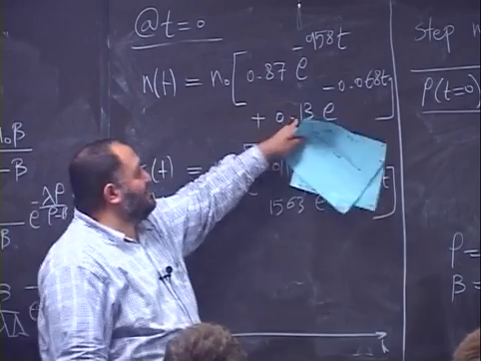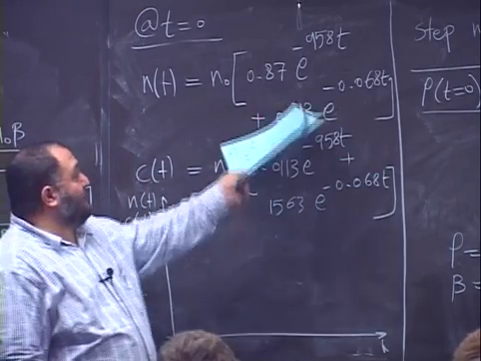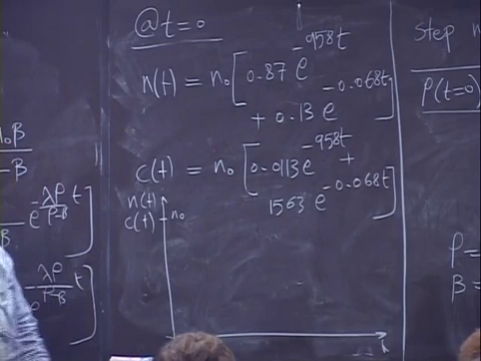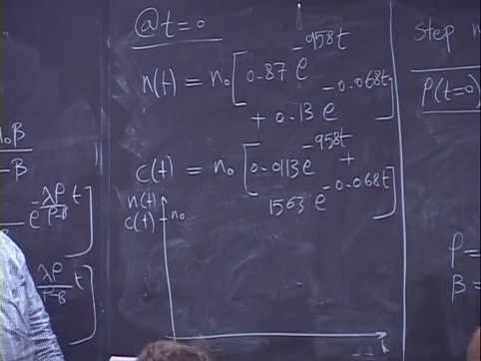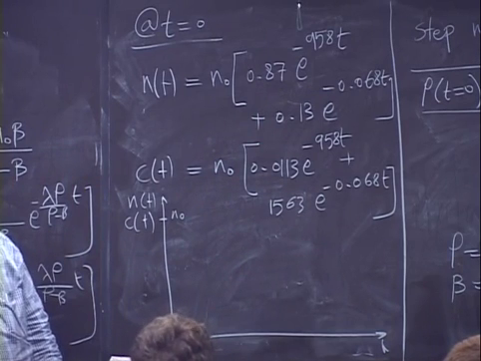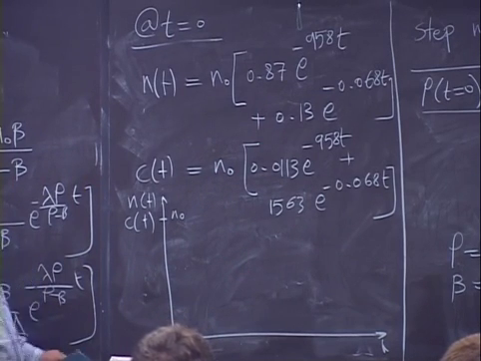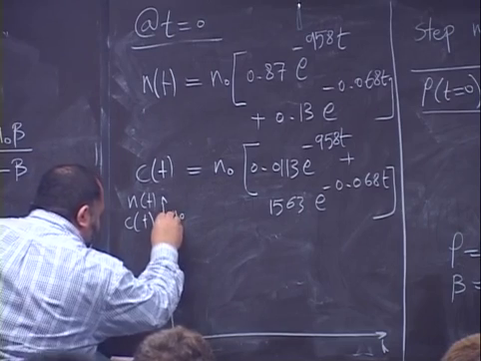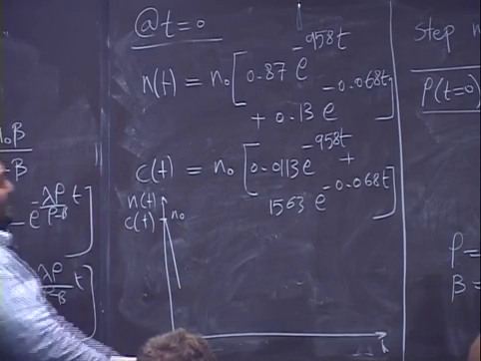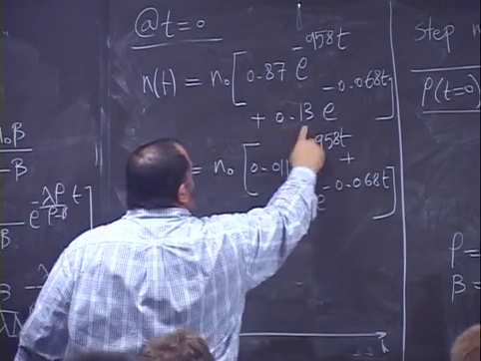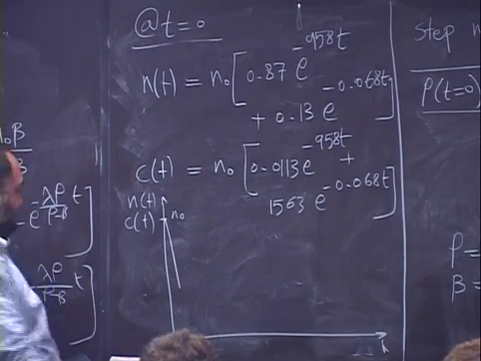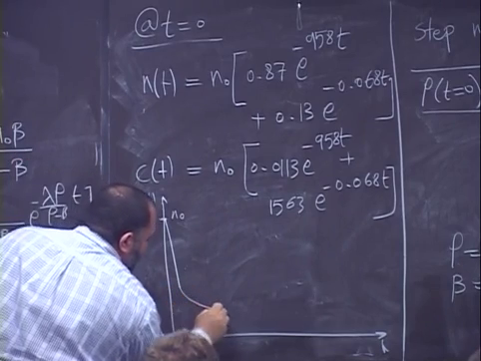This plus this gives you 100%. If you lose this, you lose this factor, which is 87% of your initial number. So n naught will drop like this. Then you will decay at 13% with this long decaying function, so you will have something like this.